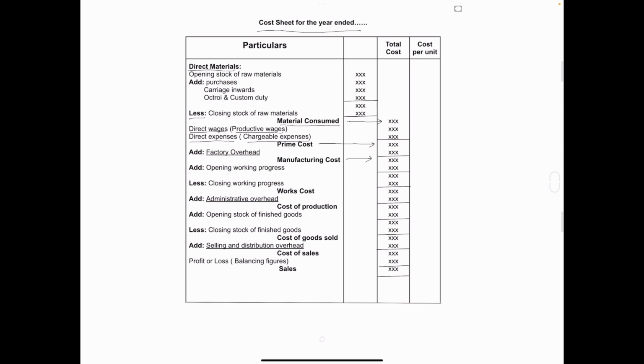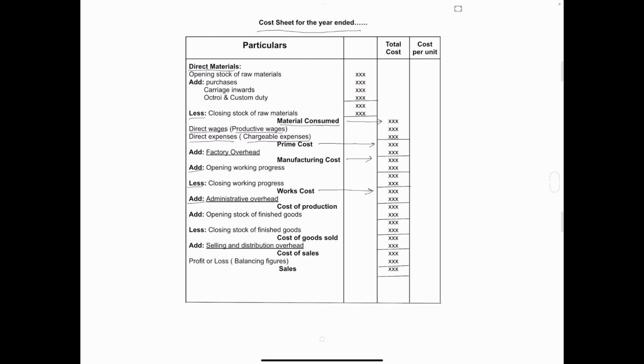In that we have to add opening work in progress and deduct closing work in progress, and the amount is called works cost.